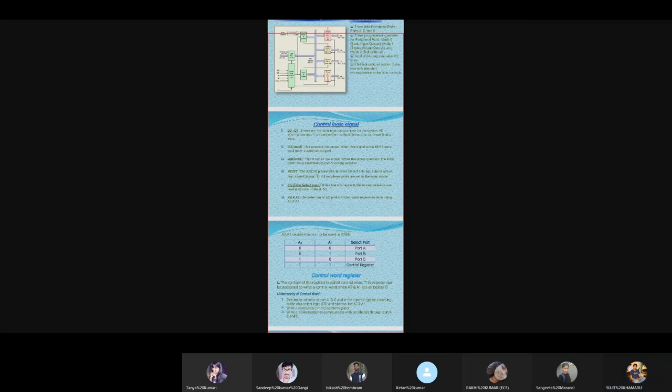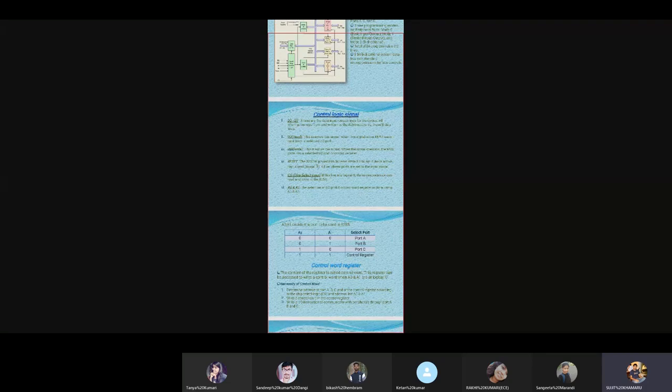Actually, these are the address pins. A0 and A1 decide which port is selected, depending on their values: port A, port B, port C, or the control register. Now the bit pattern: when the value of both A0 and A1 is 0, then port A is selected.